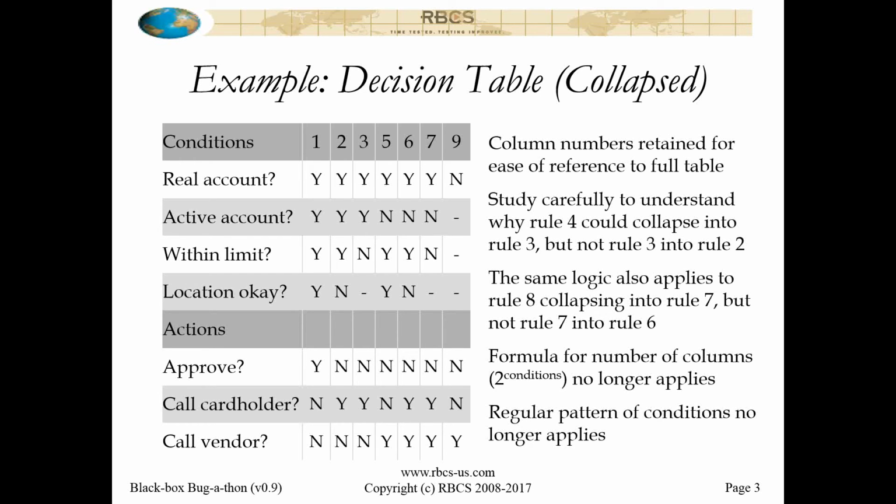We're going to approve the purchase, call the cardholder, and not call the vendor. And then similarly, rules 7 and 8 collapse down into the new rule 7 in the collapsed table. If it's a real account, it's not active, and it's not within limit, then we're going to ignore the location, and we're going to not approve it, call the cardholder, and call the vendor.